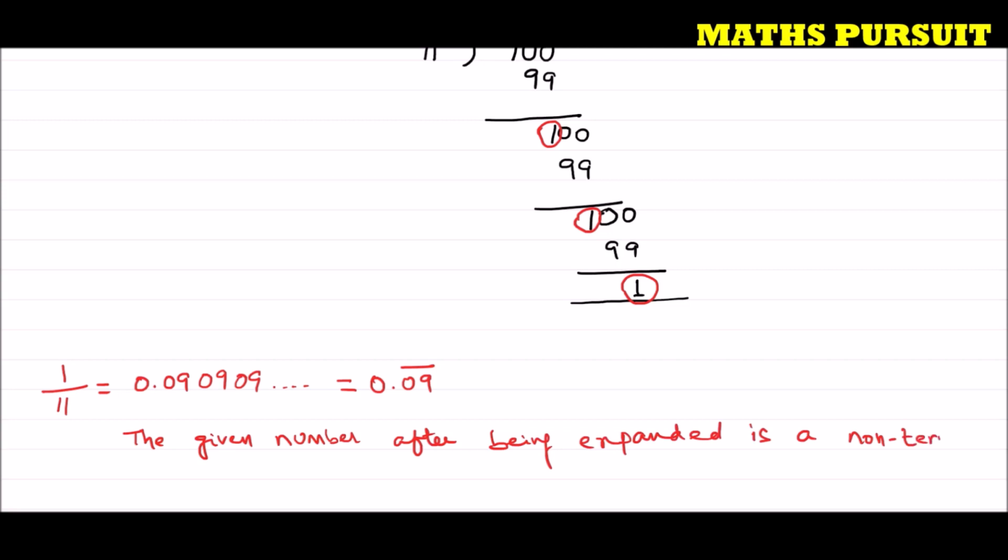It is non-terminating repeating, because each time you could see 09 09 is getting repeated. So we are saying the given number after being expanded is a non-terminating repeating decimal. This is what we can say.